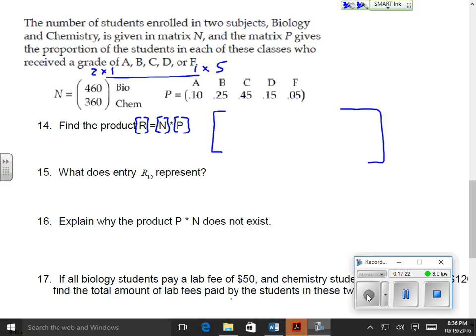Well, 460 times 10% is 46. 460 times 0.25, made you do that on the calculator, that's 115.